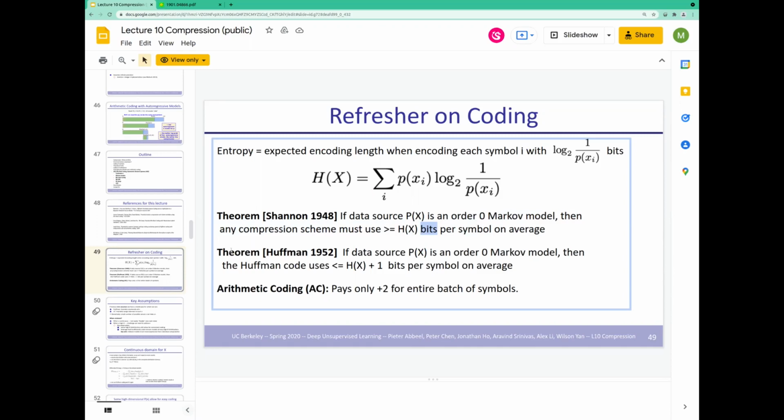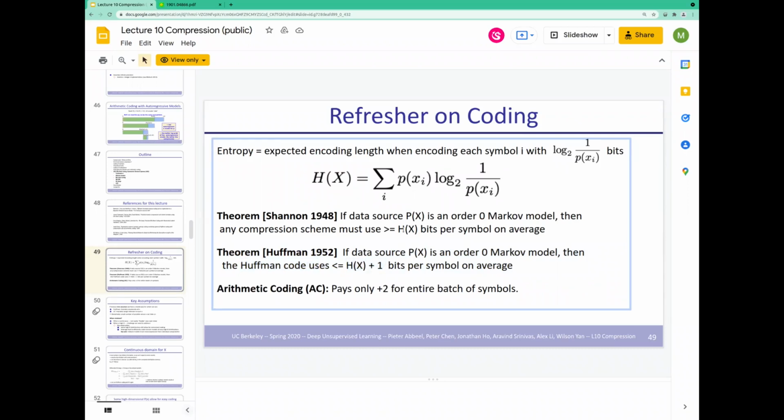And Huffman coding uses at most H of x plus 1 bits per symbol.